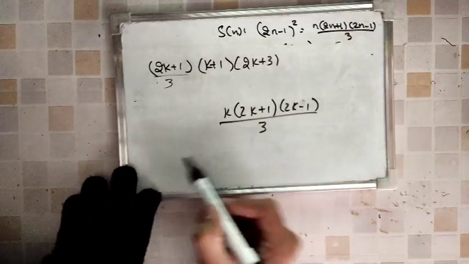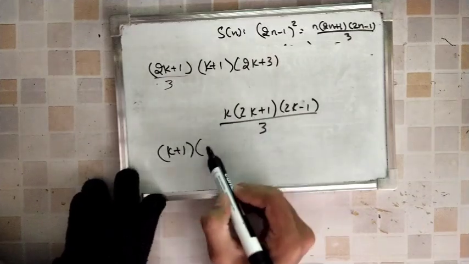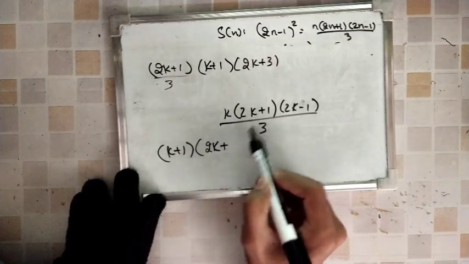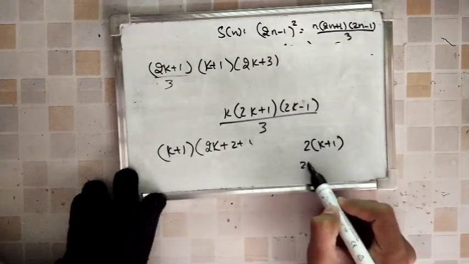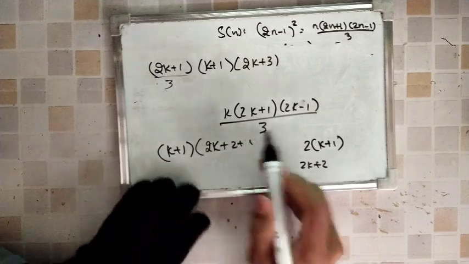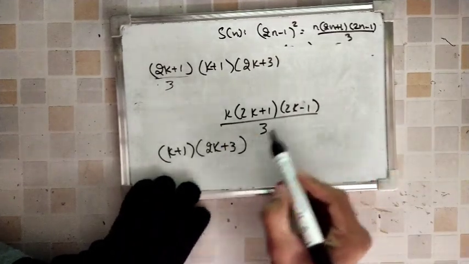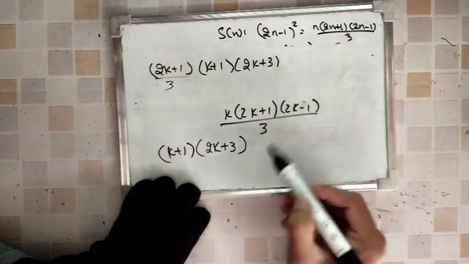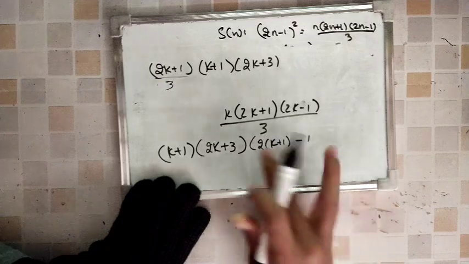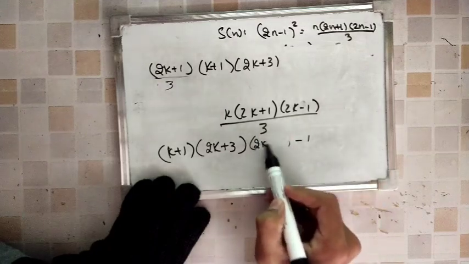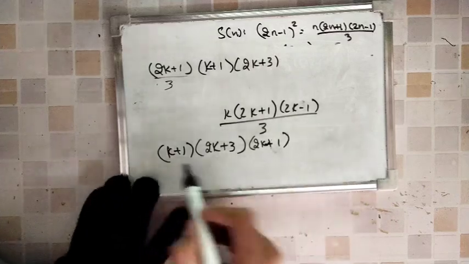If I write it in terms of k plus 1, so k becomes k plus 1, into 2k plus 1 becomes 2 into k plus 1 plus 1, which is 2k plus 2 plus 1, which is nothing but 2k plus 3, into 2k minus 1 becomes 2 into k plus 1 minus 1, which is 2k plus 2 minus 1, which is 2k plus 1, whole divided by 3.